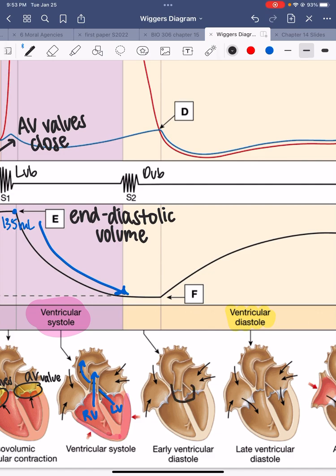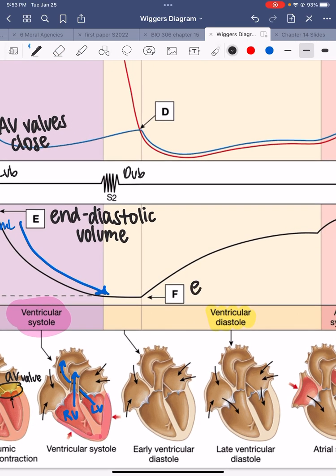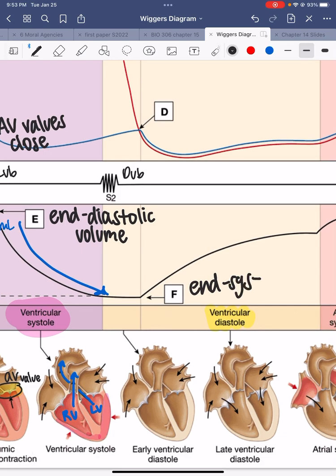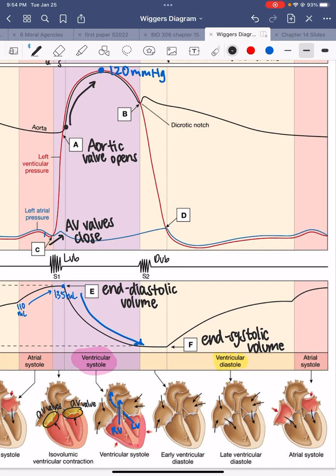You'll notice in the ventricular volume graph right here that the ventricles still have some blood in them. The point labeled F is called the end systolic volume, and I will write that down right here. This is how much blood is left in the ventricles at the end of systole and right before diastole starts. The end diastolic volume and end systolic volume can be used to determine stroke volume.